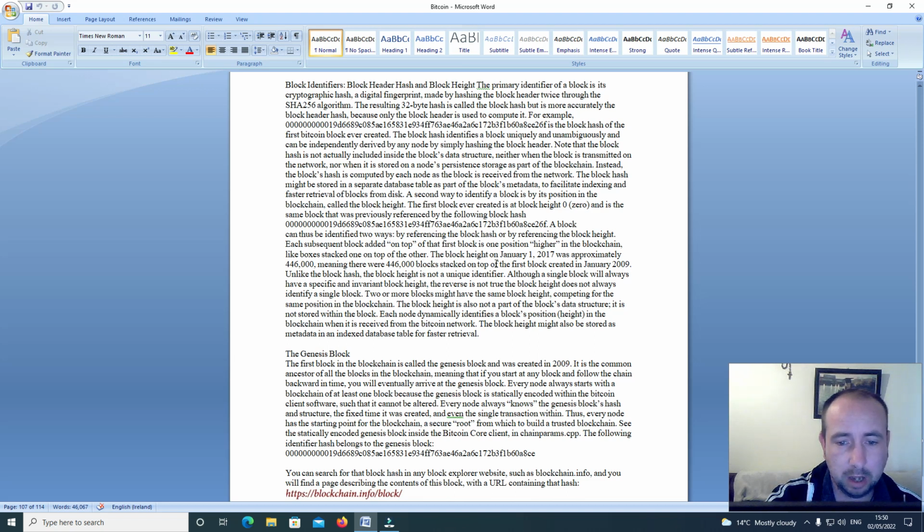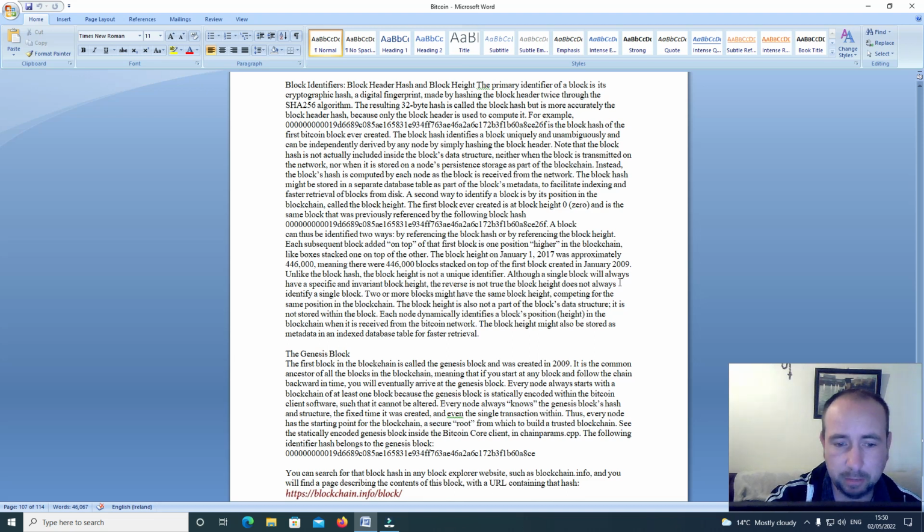The block height on January 1st, 2017 was approximately 446,000, meaning that there were 446,000 blocks stacked on top of the first block created in January 2009. Unlike the block hash, the block height is not a unique identifier.